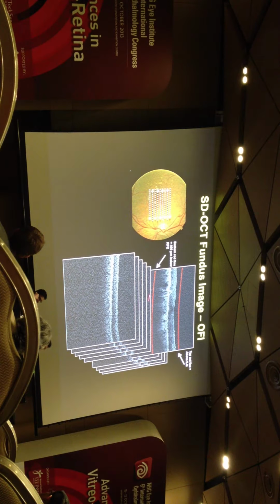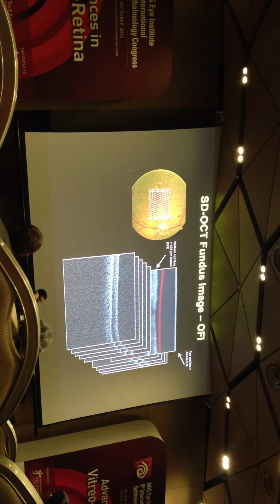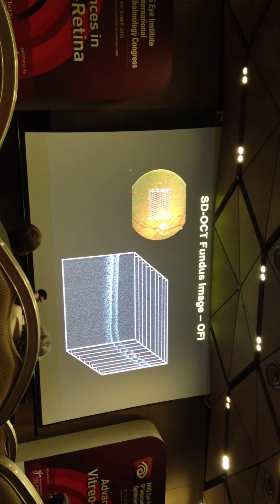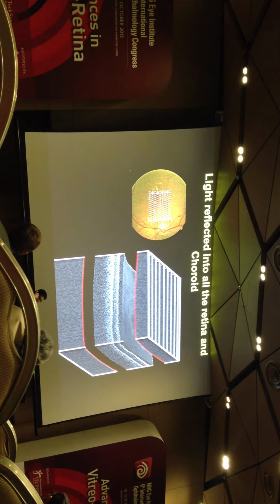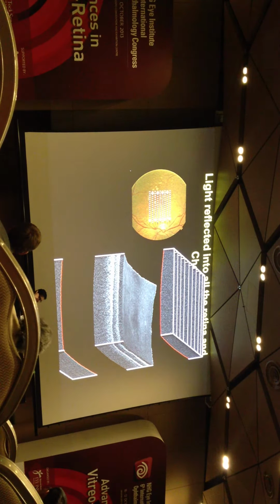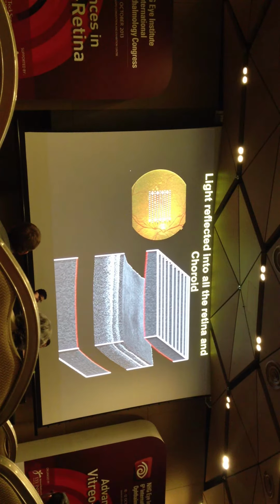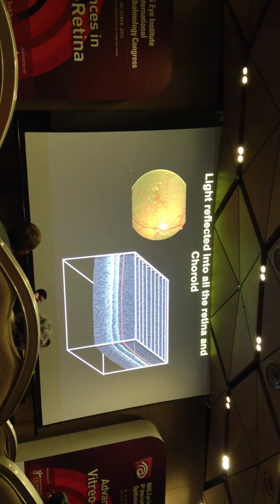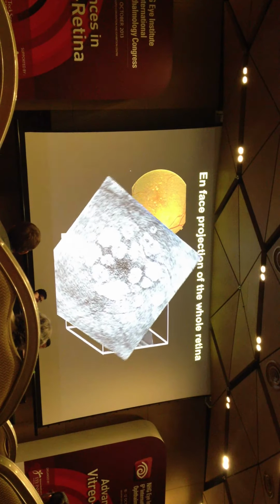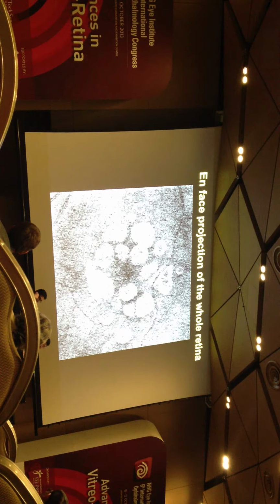This is a slab that goes from this red line here to 400 microns below the RPE. Because we can segment the RPE, we know exactly where this is, all right? And then essentially what we're doing mathematically is we're looking at the slab, and then we remove the bottom and the top, and then we look at it en face. Okay? That's slab imaging.